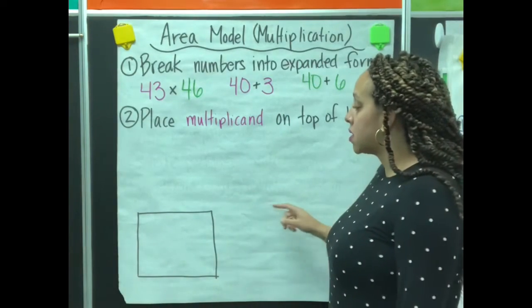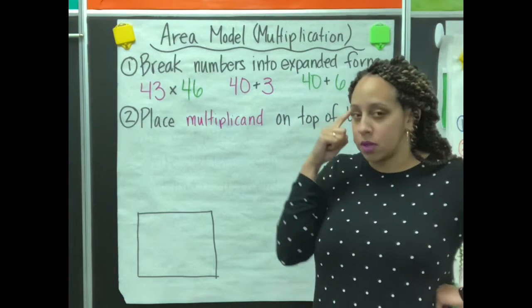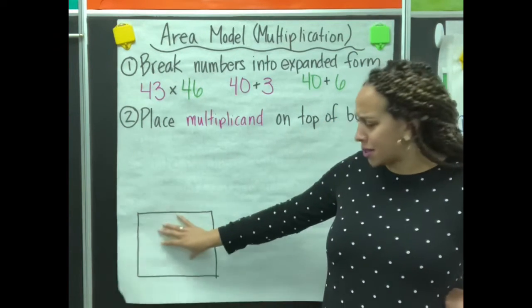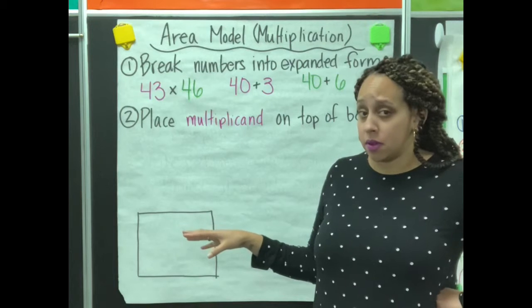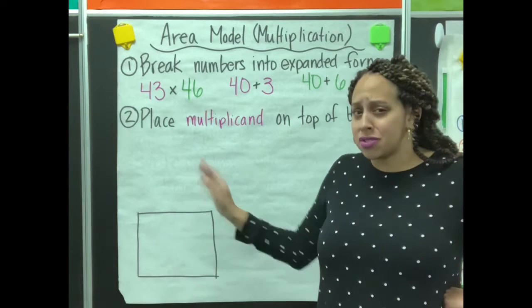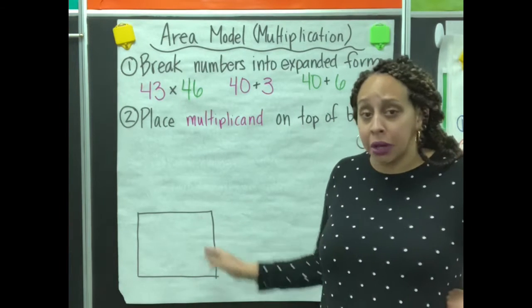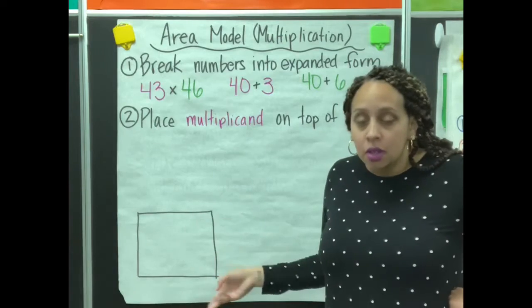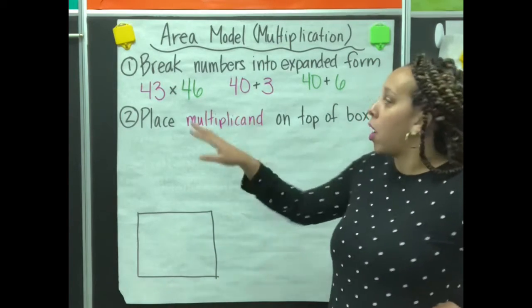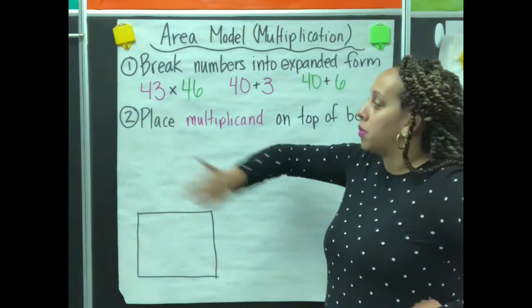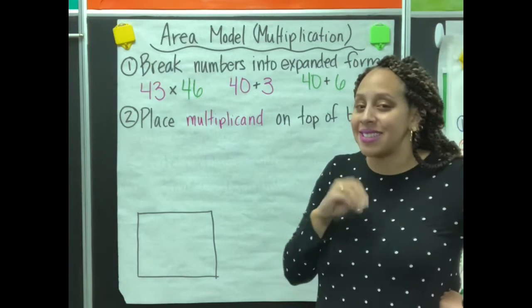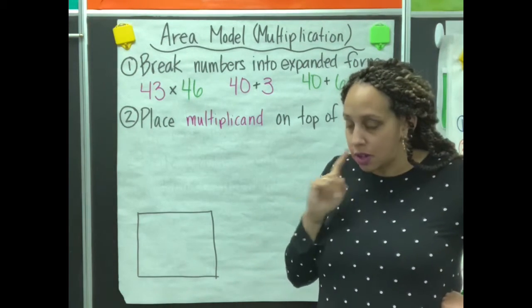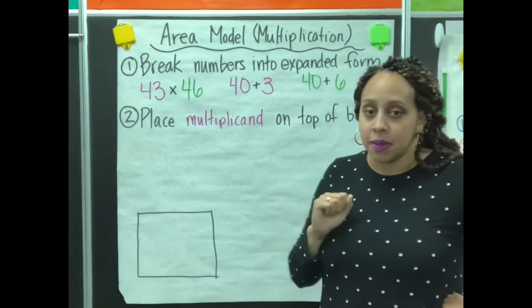So we place it on the top, but first, before we do this, we have to figure out how many boxes our big box is going to have. I can't just split it into how many pieces I want, like 100 or 26. No. We think about what our original problem is giving us. So how many digits, keyword, are in the multiplicand?